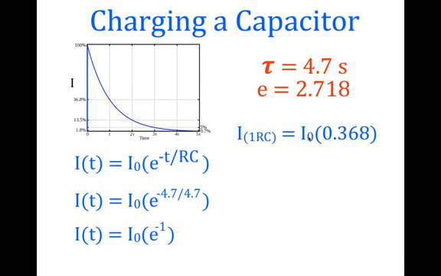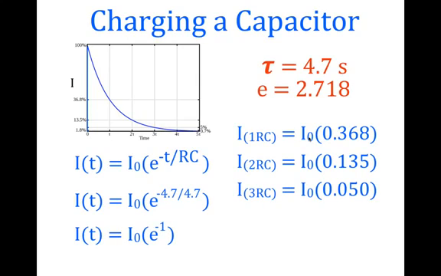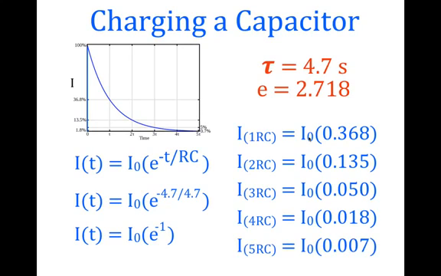If we substitute 2 time constants, 13.5%. 3 time constants, 5%. 4 time constants, 1.8%. And finally, when the capacitor is fully charged, the current through the circuit is 0.7% of the initial maximum current. Okay? So that's how the voltage and the current equations work, and that's what the time constant is.